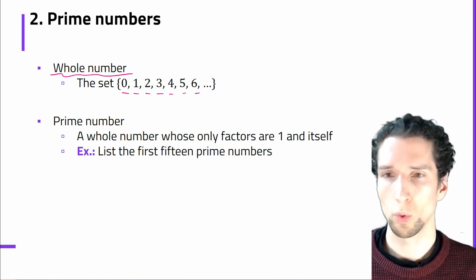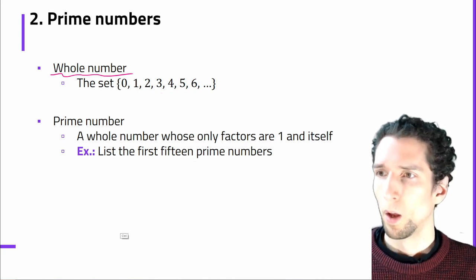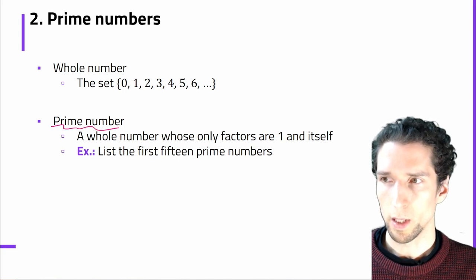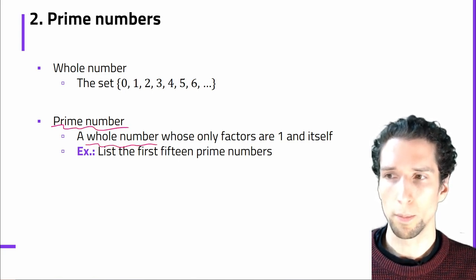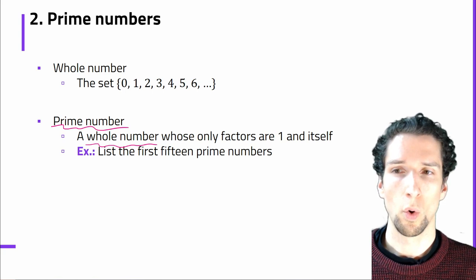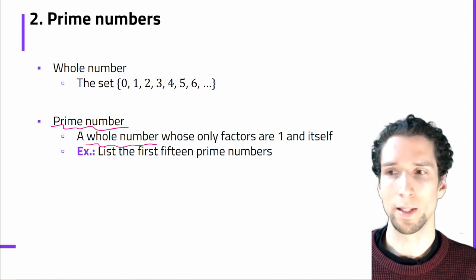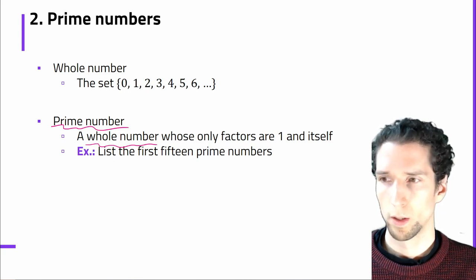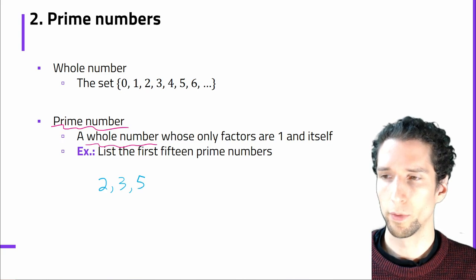Those are whole numbers. All right, so a prime number is a whole number whose factors are only 1 and itself. So for example, 2 and 3 and 5.